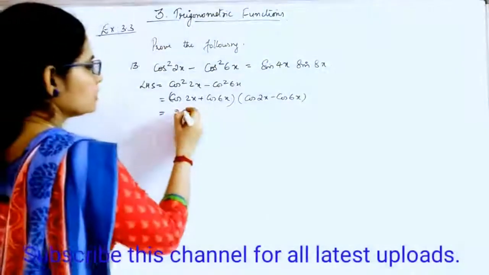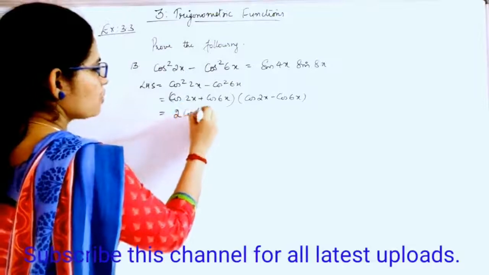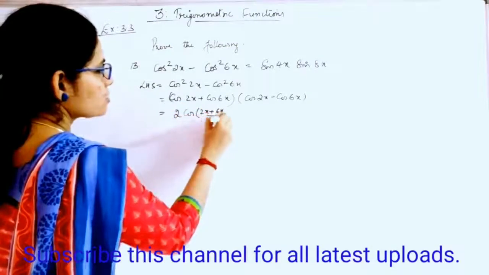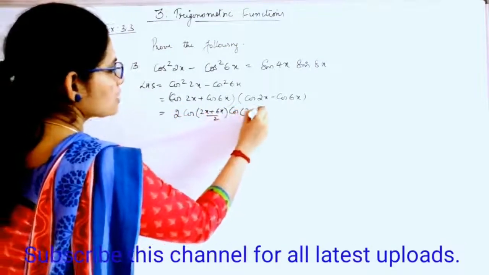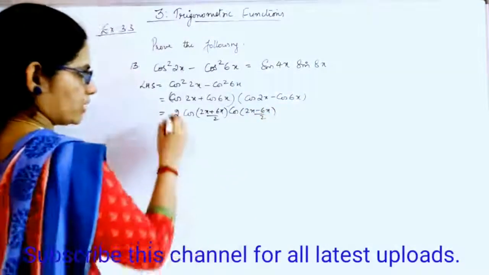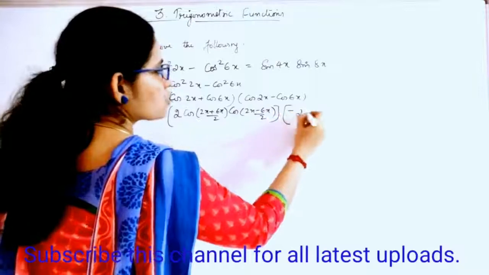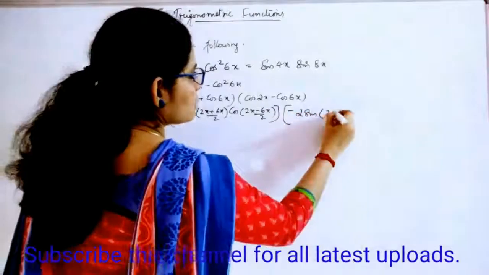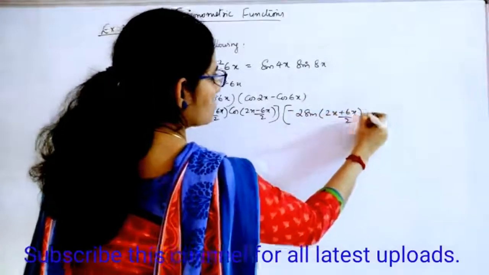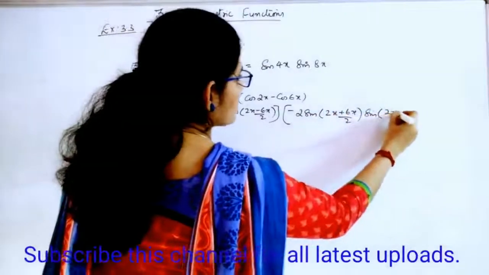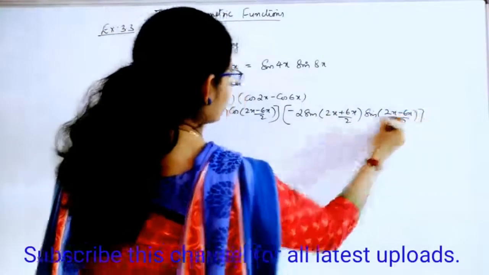So here you will have 2 cos of 2x plus 6x by 2 cos of 2x minus 6x by 2. That is your first one's expansion. For the second one you will get minus 2 sine of 2x plus 6x by 2 sine of 2x minus 6x by 2.